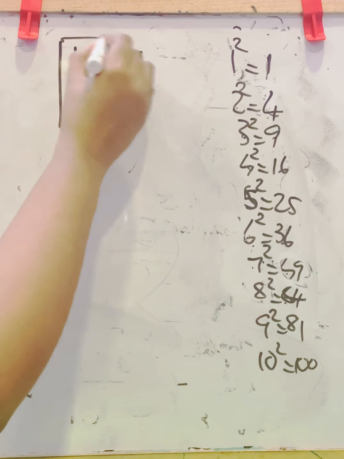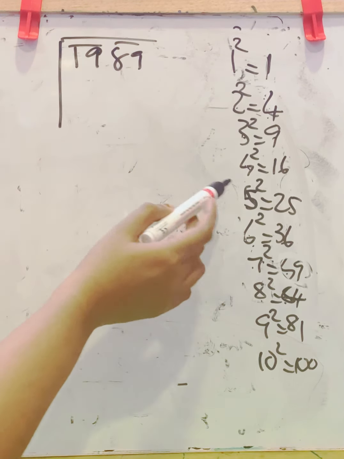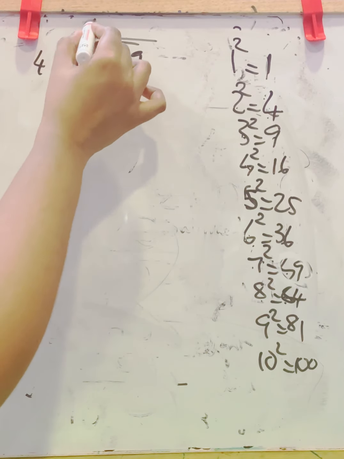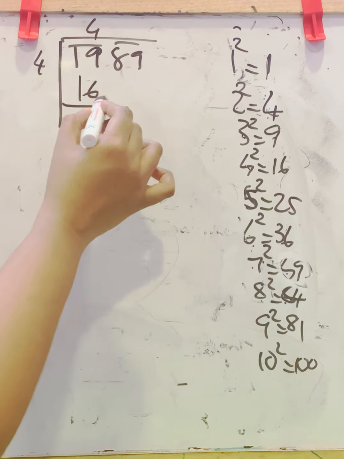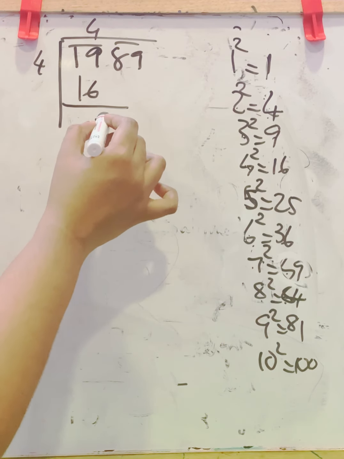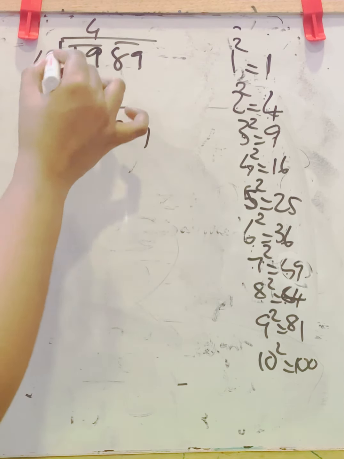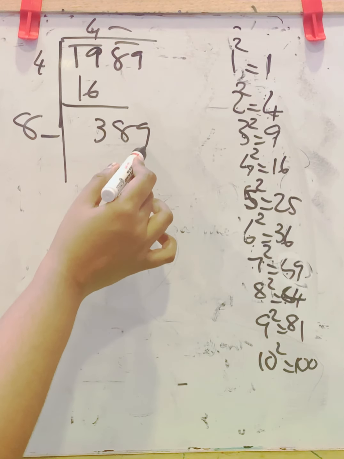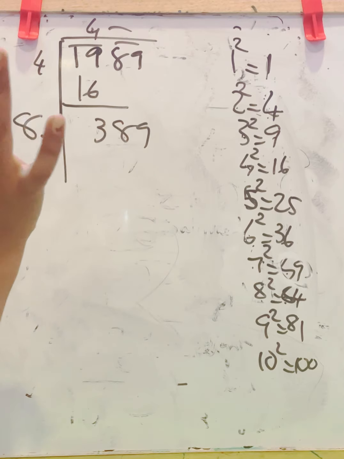1989. Again pair it. 19 lies between 16 and 25, and the smallest number is 16. That means 4 4s are 16. Balance is 3. Carry down this 89. Now double this number. 4 2s are 8. Dash and dash. Here we don't need to check the end digit because we know this is not a perfect square.